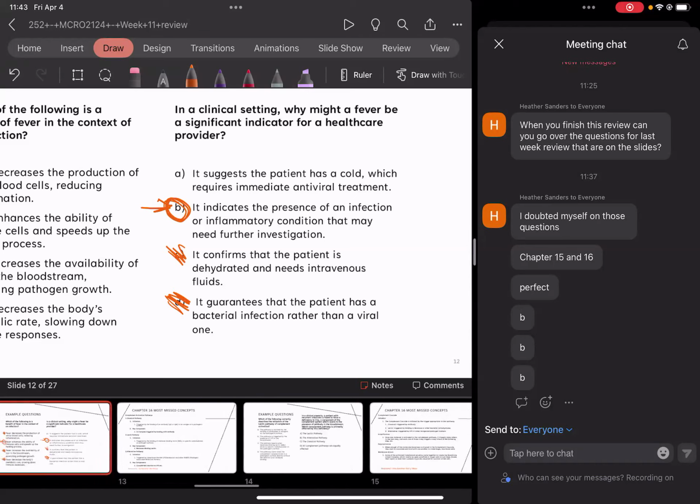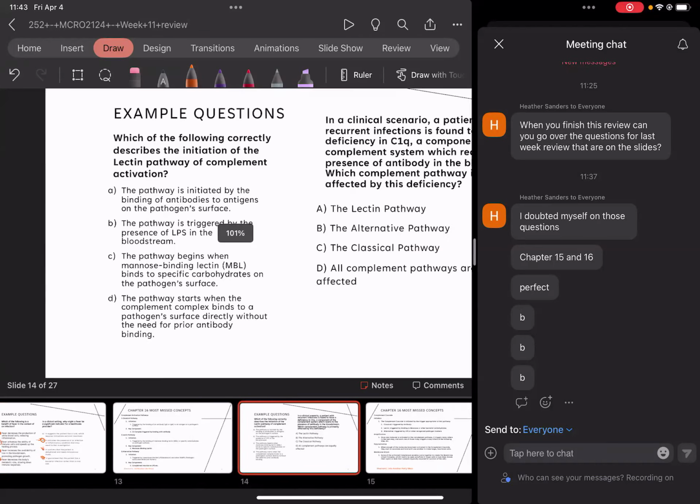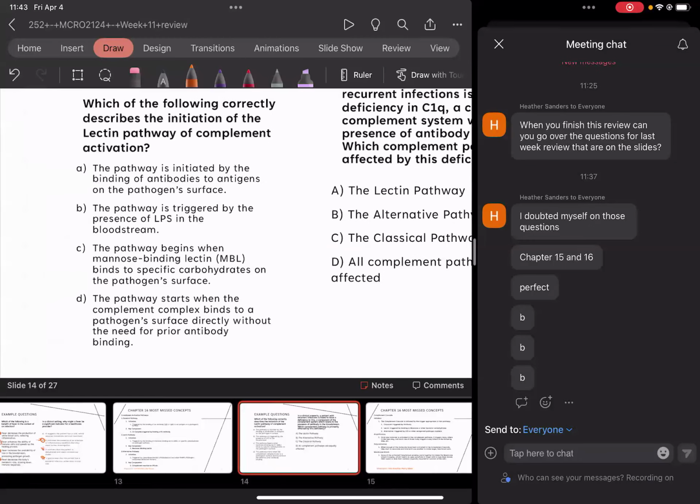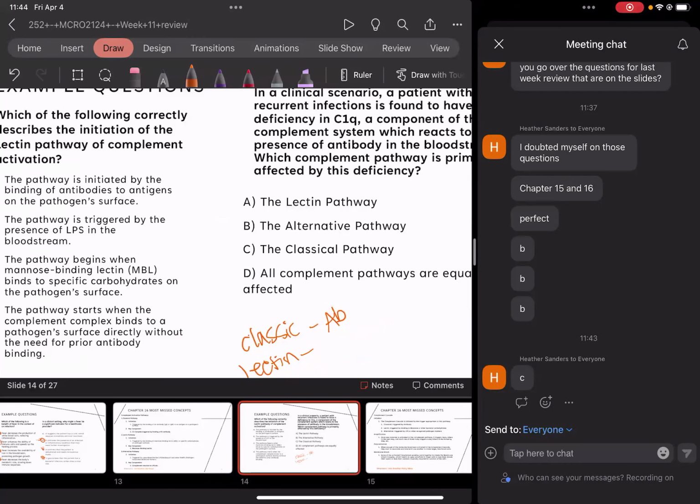Our next question. Which of the following correctly describes the initiation of the lectin pathway of complement activation? There are 3 pathways for complement activation. The classical, which is governed by antibody; the lectin, which is when lectins in our body will identify microbe sugars.